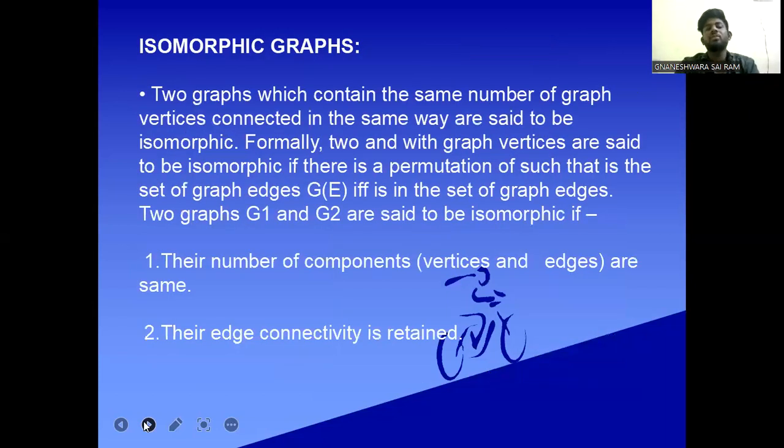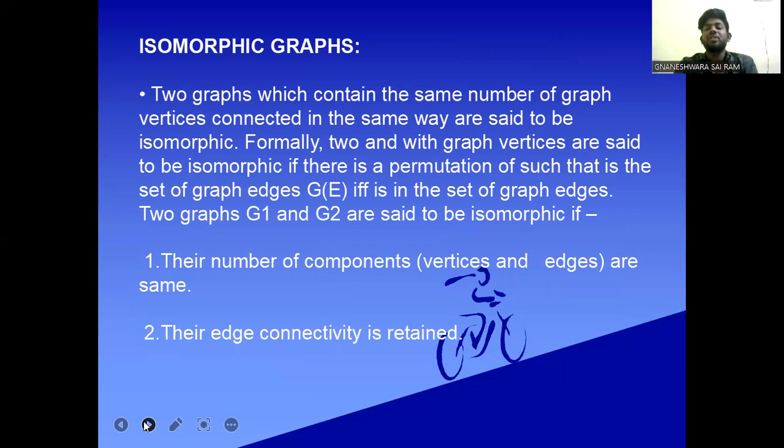Isomorphic graphs. Two graphs which contain the same number of graph vertices connected in the same way are said to be isomorphic. Formally, two graphs are said to be isomorphic if there is a permutation such that it maps the set of graph edges of G1 to the set of graph edges of G2.